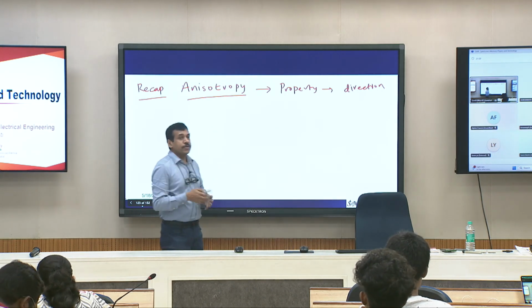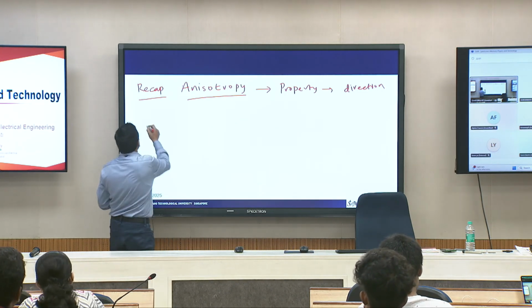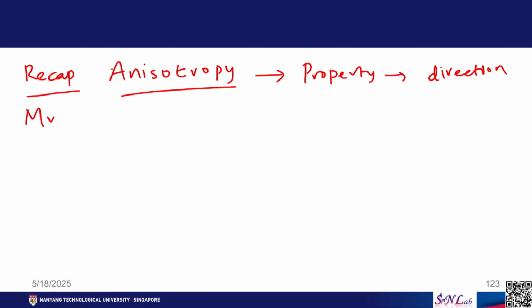So, the properties you get like MR, MS, MS is the same, okay. MR, coercivity, all these are going to be different in different direction. Then we say that there is a magnetic anisotropy.